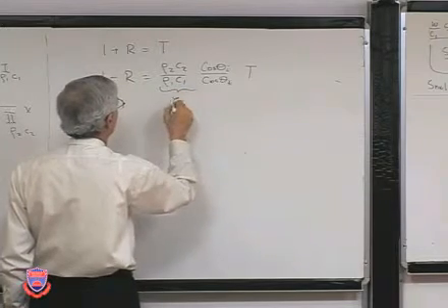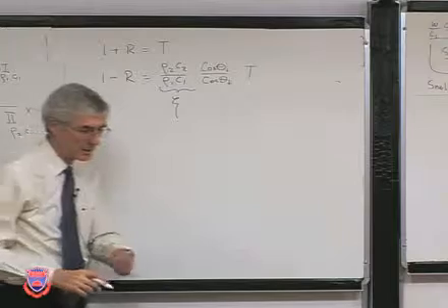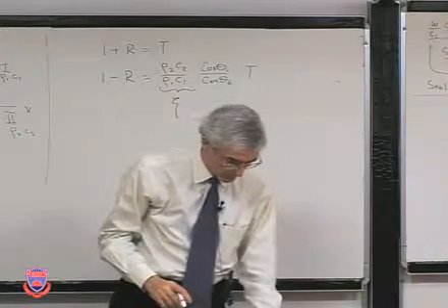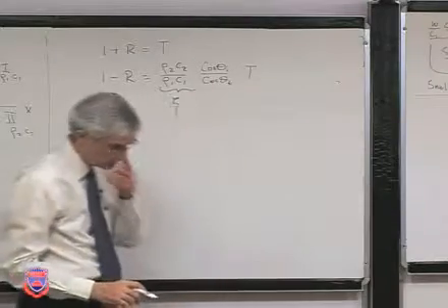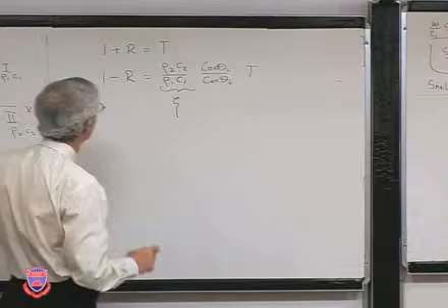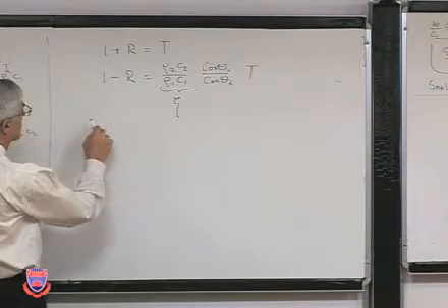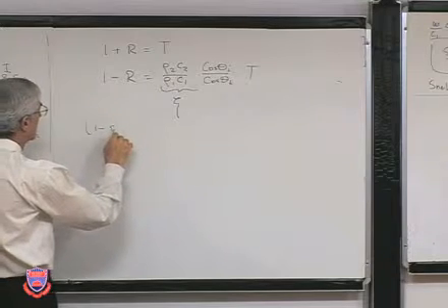This one we'll call zeta. It's again a ratio of the impedances between the two. Then let's see quickly, 1 minus r.